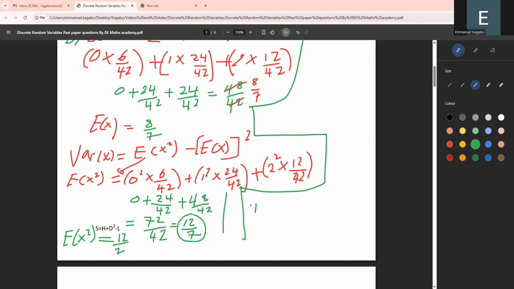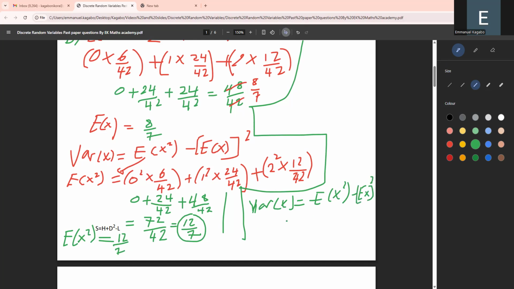So the variance is going to be my E of X squared minus the mean squared, I need to square that.